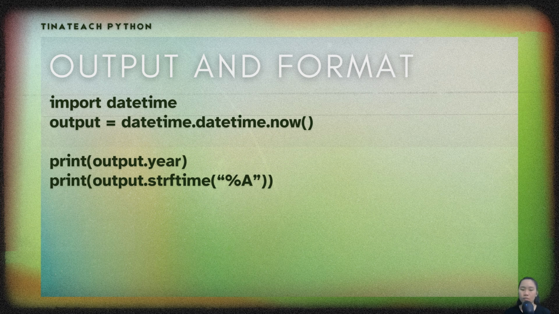And with this method over here, strftime, string format time, it would give you more control over the format. For example, if the output is Wednesday, by changing the format a little bit, you can just get Wed, right? Wed, that's the shorthand for Wednesday.